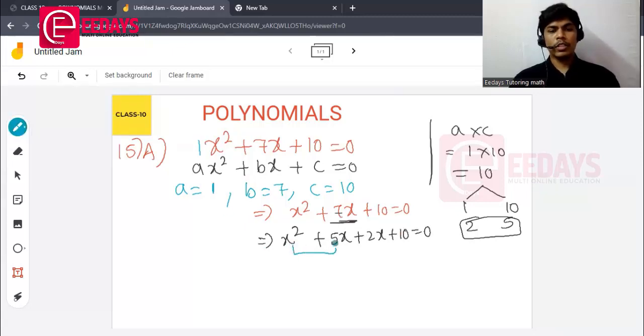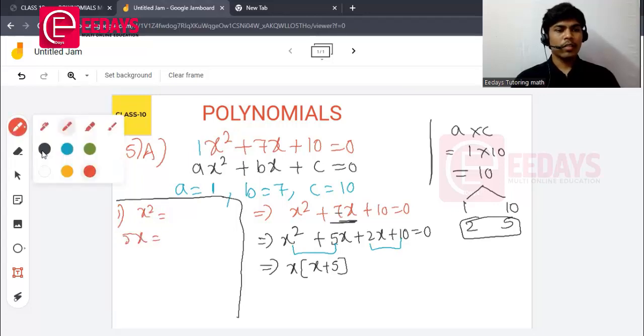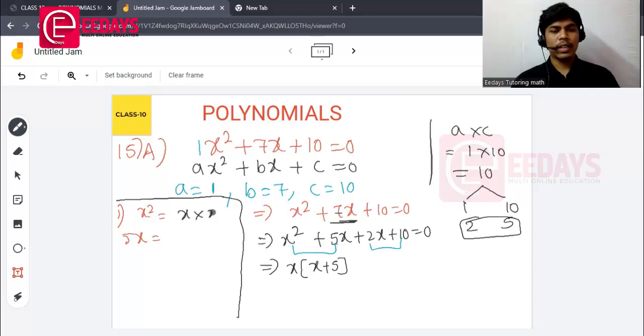Now take common from the first two and the last two terms. We get x into x plus 5 if you take x common. I already explained to you how to take the common, but if you want a re-explanation, let's do it here. x square we can split as x into x, and 5x as 5 into x.